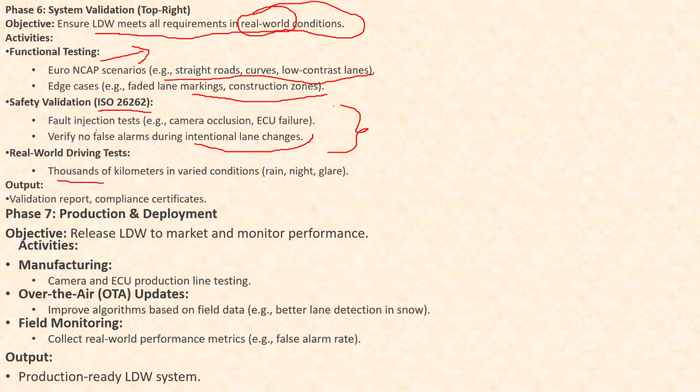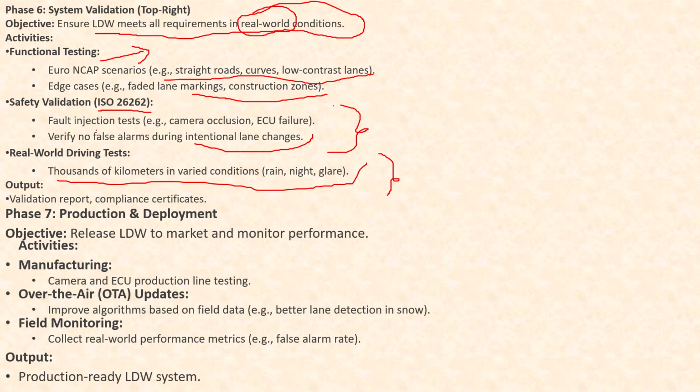Okay, next is real world driving tests. Despite so much simulation, some OEMs always rely on the real world test. Actually, there are some OEMs who go to countries like Sweden or Norway where there is heavy snow. There are some OEMs which go to very hot cities like Jaipur in Rajasthan, so that the glare of the sunlight does not affect the lanes.